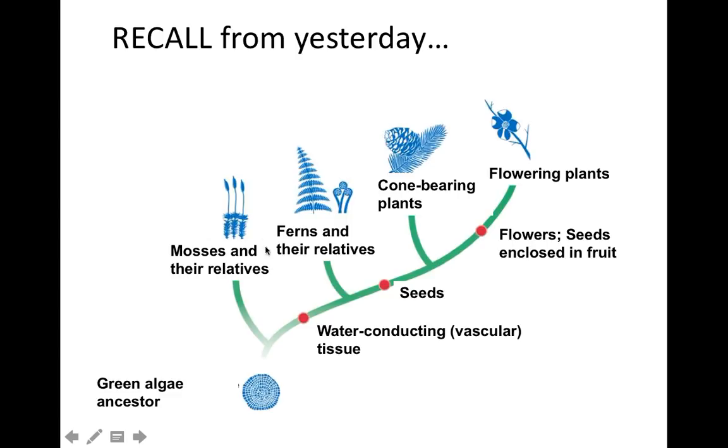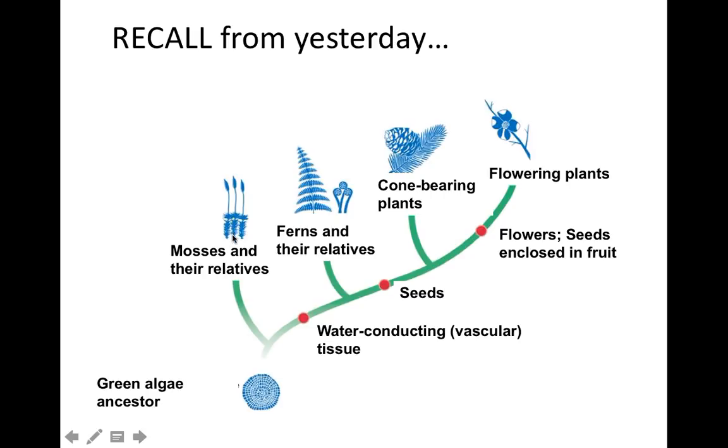Okay, so let's start by recalling from yesterday. We looked at the life cycle of mosses and their relatives. So when it comes to this big evolutionary tree, mosses and their relatives are the simplest, the most closely similar to what would have been a common ancestor plant similar to green algae.